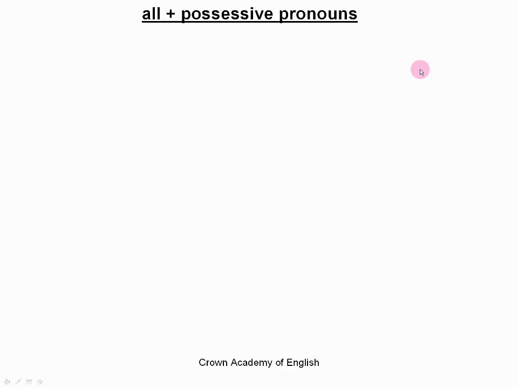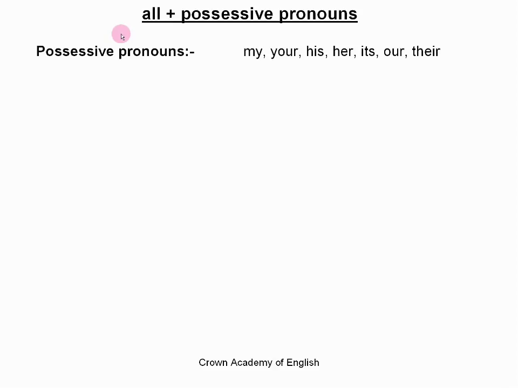Now, there are just another couple of exceptions. We cannot always use all and every for the same uses. Sometimes we can only use the word all. And one example is if we want to use a possessive pronoun, then we can only use the word all. We cannot use the word every. So what is a possessive pronoun? Well, here they are.